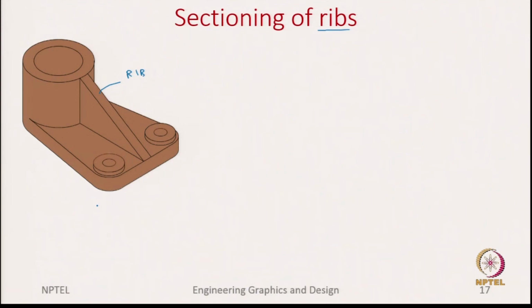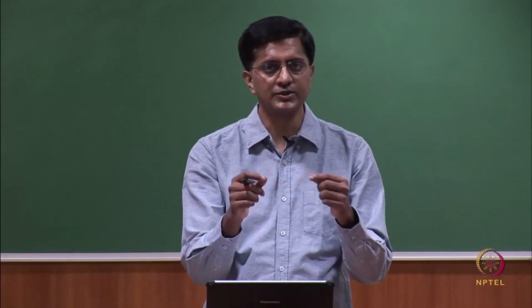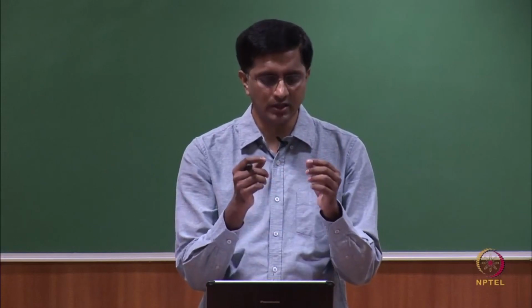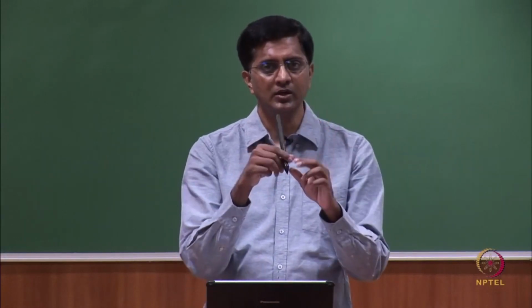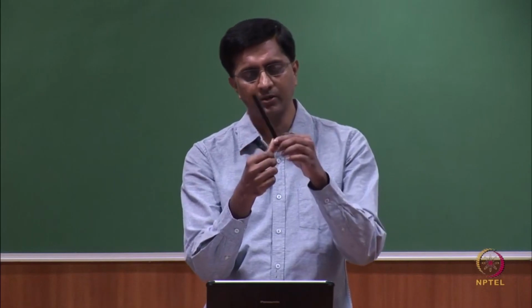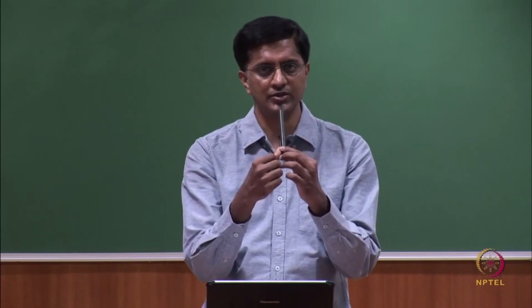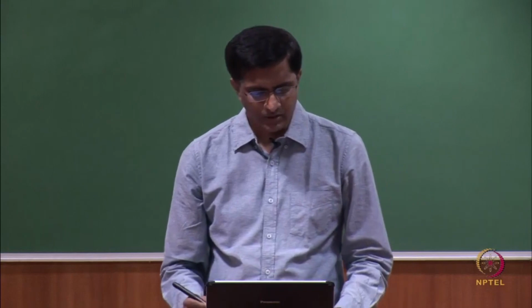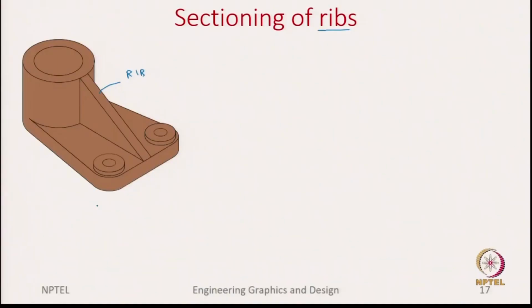If you look at any lamp pole, at the bottom of the pole you will see these ribs at 4 corners or 3 corners, because they give rigidity to the pole. So, it prevents it from bending into one of those directions. So, as you can notice, this rib is a thin section.